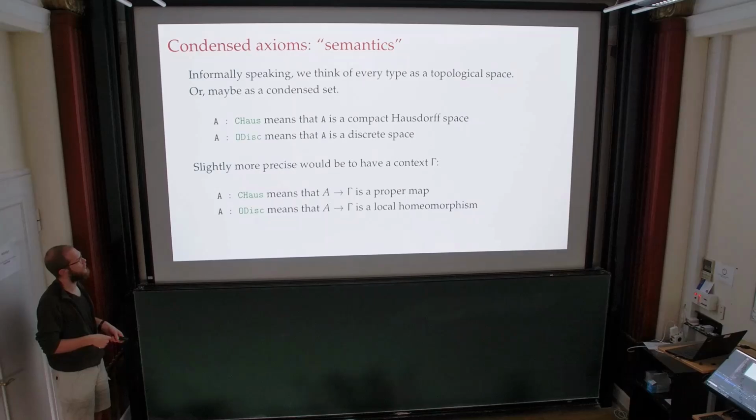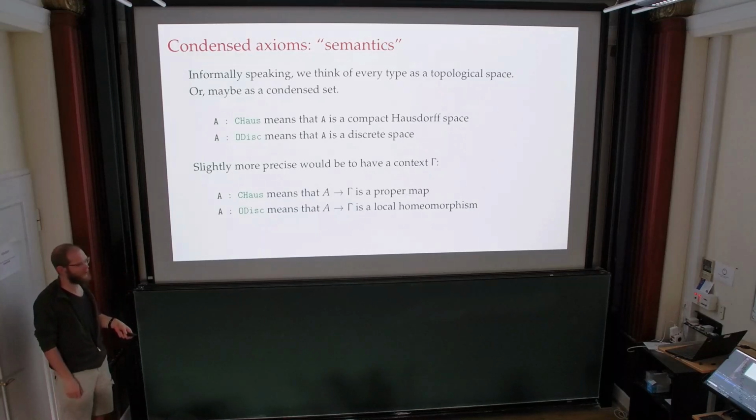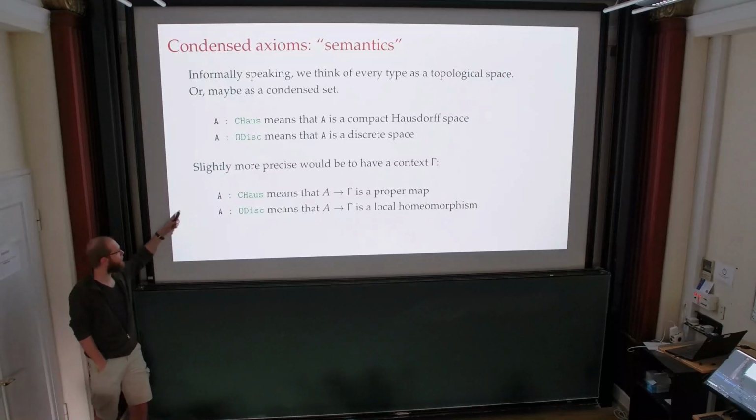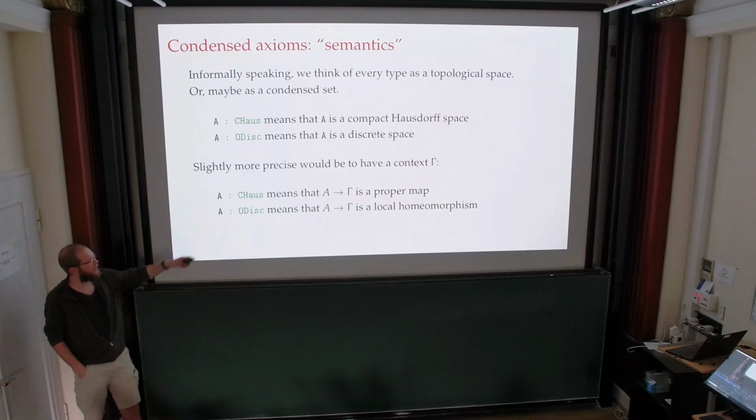The inverse image of compact is compact. That's what a proper map is. And then if A is ODisc, then the structure map A to gamma is a local homeomorphism.